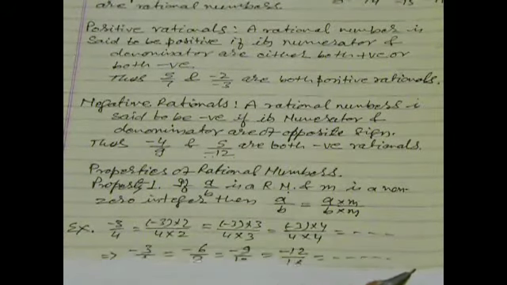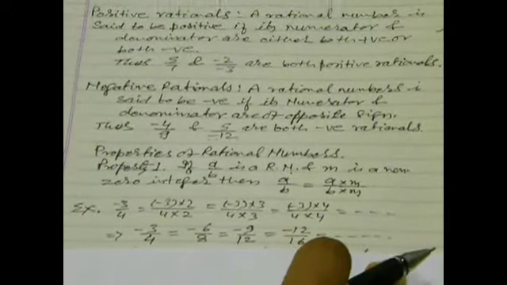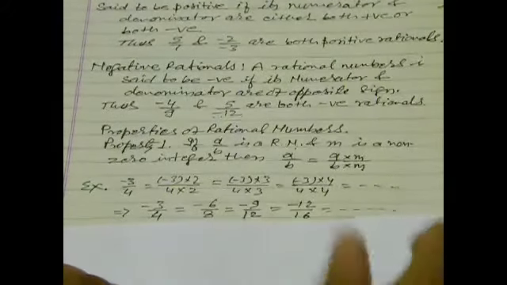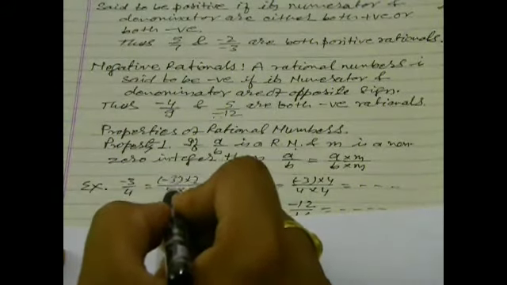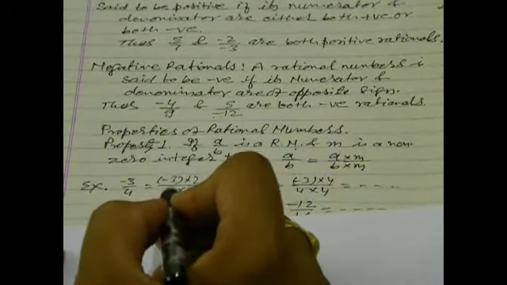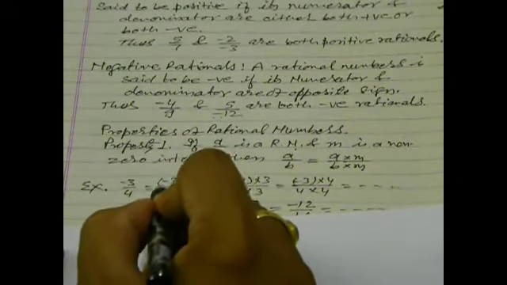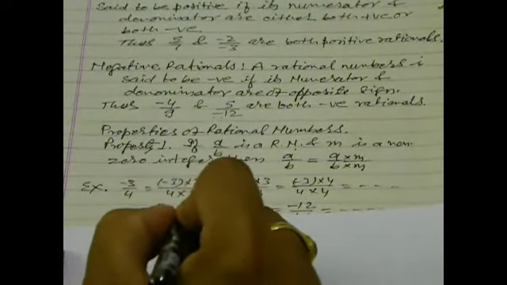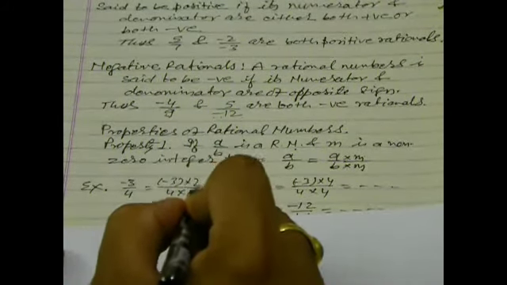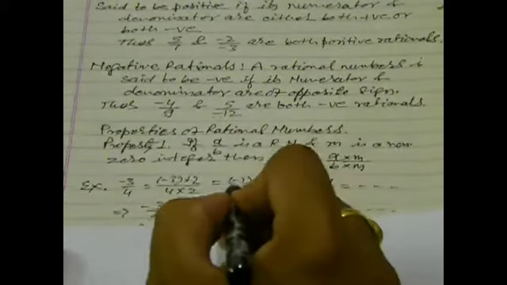For example, we take minus 3 by 4 as the number, and we multiply this rational number by a non-zero integer. Minus 3 by 4 is equal to minus 3 into 2 upon 4 into 2. Here we multiply both numerator and denominator by the same quantity, 2 and 2.